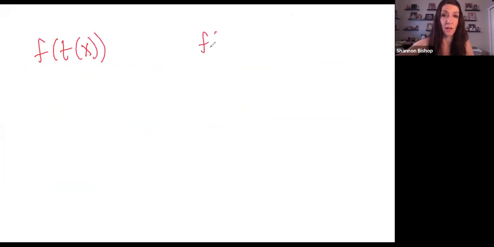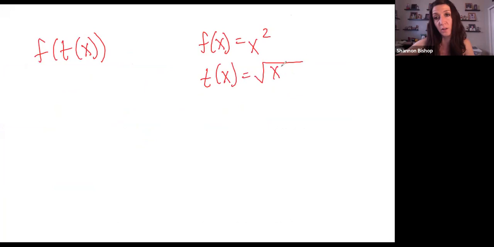And f of x has been defined as x squared, and t of x has been defined as the root of x plus 3. All right, so on this one, notice you're not plugging in any numbers. If you're not doing a numeric composition, this one is what we call a generic composition. Numerics, you plug in numbers. Generic, you just leave the variables intact.